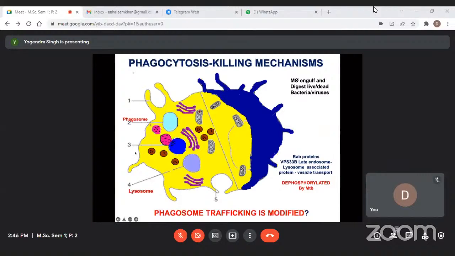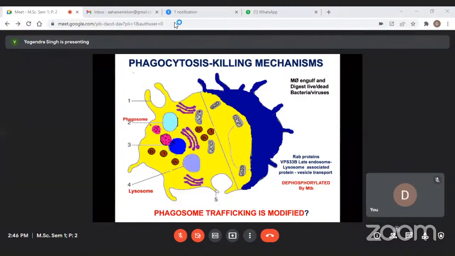That's what happens in this mechanism. If some protein which guides the vesicle to the lysosome gets messed up, or if some modification is messed up, then the job will not be done by the macrophages.